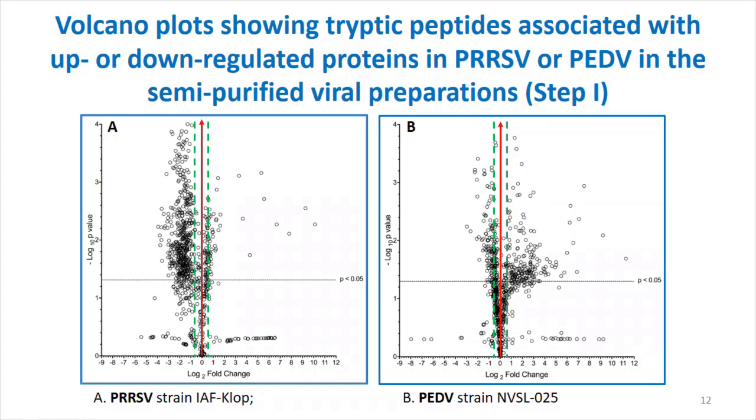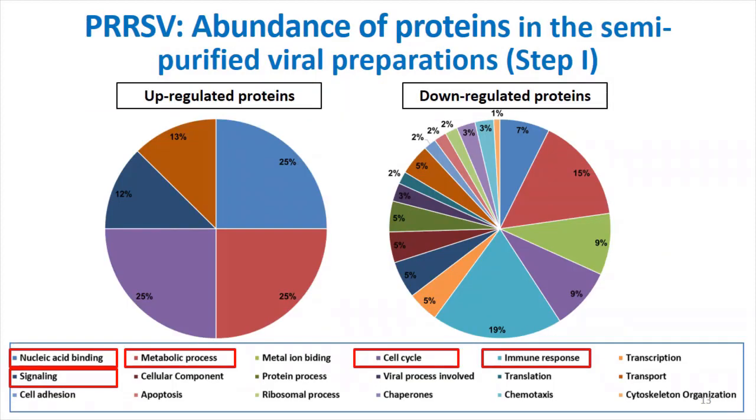You can see that in the semi-purified fraction, which has a lot of microvesicles, most of the host proteins are downregulated in the case of PRRS, and in the case of PEDV there are a lot of proteins which are upregulated. This is the actual picture of this semi-purified fraction. I repeat, this fraction has both microvesicles and viruses, and we compared it with non-infected cells, so we are sure that the downregulation or upregulation of host proteins we observe is related to these microvesicles and viruses.